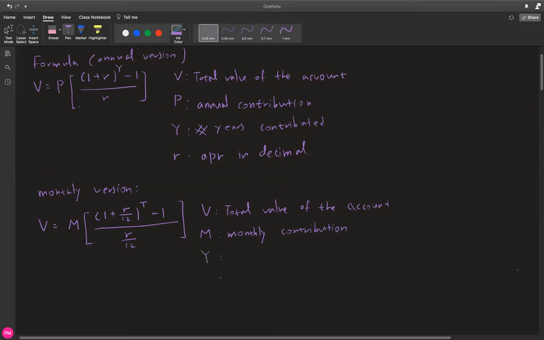And here T, excuse me, T is the total number of months contributed. And lastly, R here also is APR in decimal. So this would actually imply that R over 12 is the monthly interest.